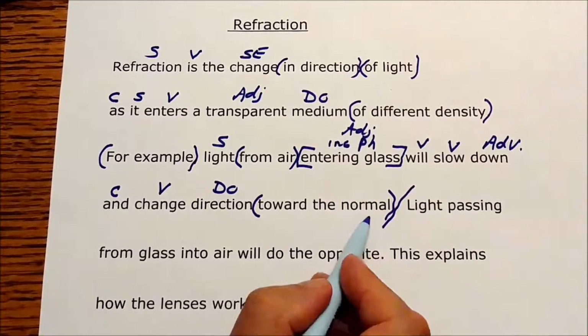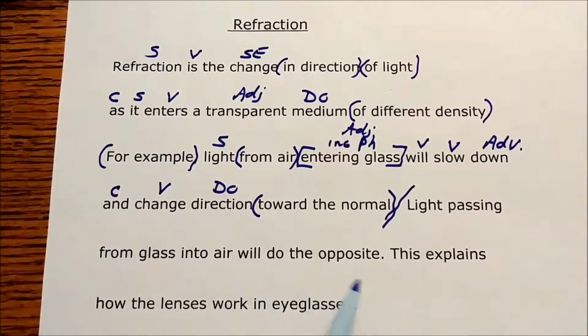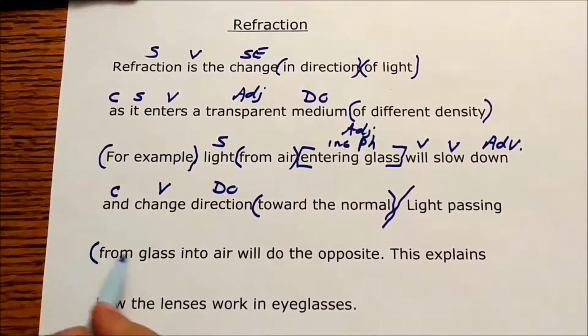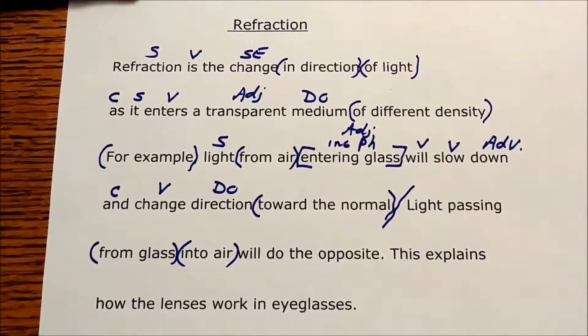Toward the normal. So we've taken care of the first part of our definition. Let's go to the second part. Any prepositional phrases? Yes, from glass into air, in eyeglasses. There are the prepositional phrases.